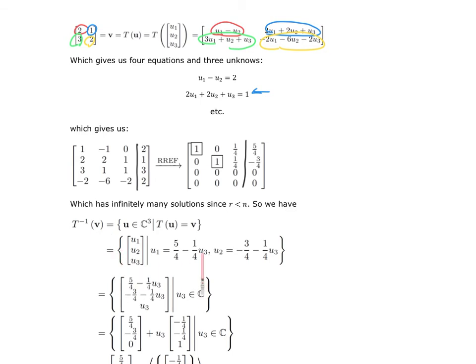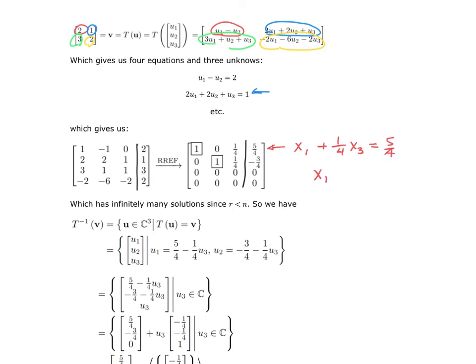So that tells me that if I look at the way that I would define my null space, if you remember, in this case, if I take a look at this first row here, I'm going to have x sub 1 plus 1/4 x sub 3 is equal to 5/4.